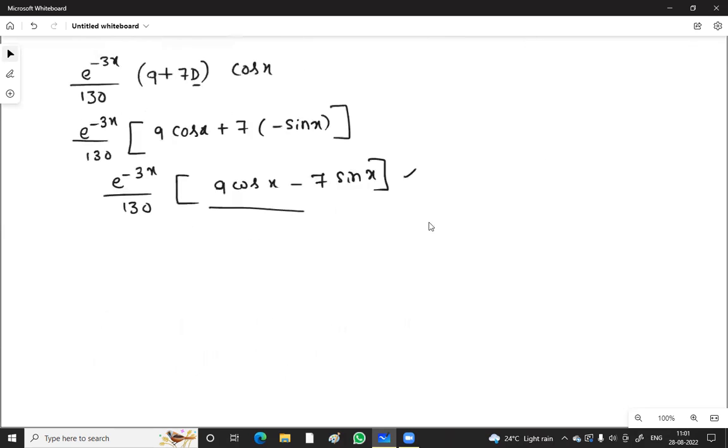So how to solve part 4? So here 1 over f of D, D square minus D minus 2, operating on x square. So 1 over D square minus D minus 2, we can write like 1 over (D plus 1) into (D minus 2), right?